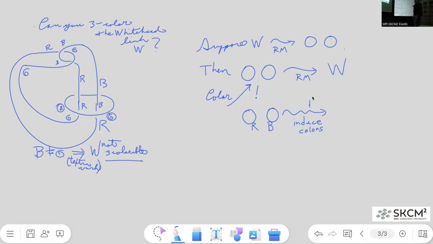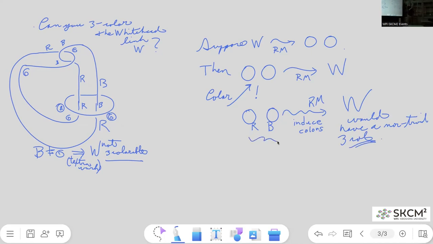And by those same Reidemeister moves, W would have a non-trivial coloring. It would have at least these two colors, right? Because you started by coloring the trivial link with two colors and you start pushing it around. You can see how that would go.